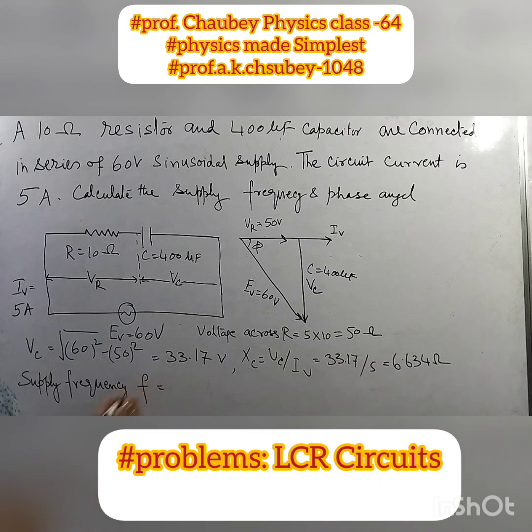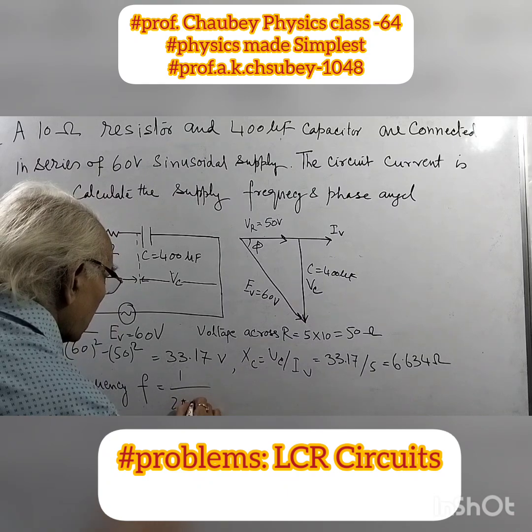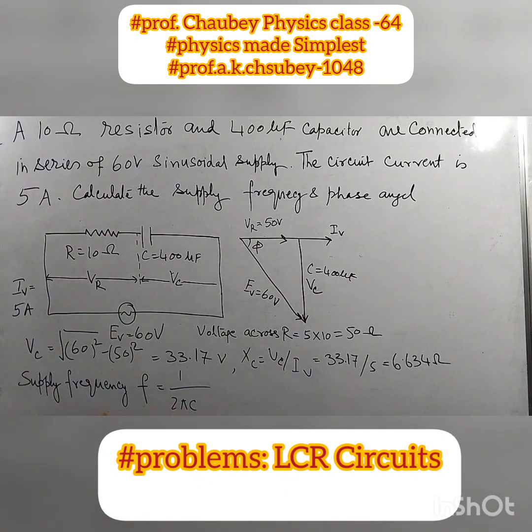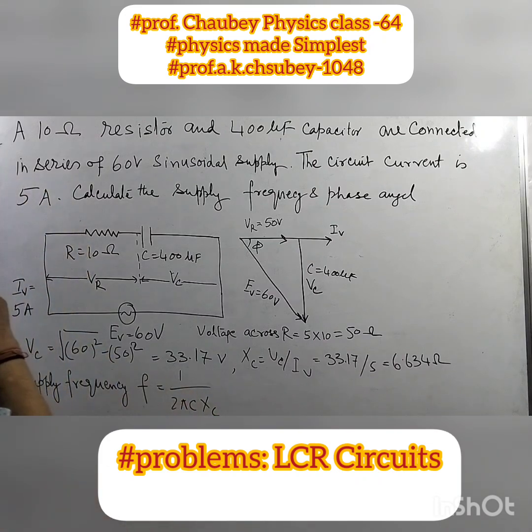F is equal to 1 over 2 pi C XC, because XC is 1 over omega C, and 2 pi f is omega. So XC is 1 over 2 pi f C. From that we get f.